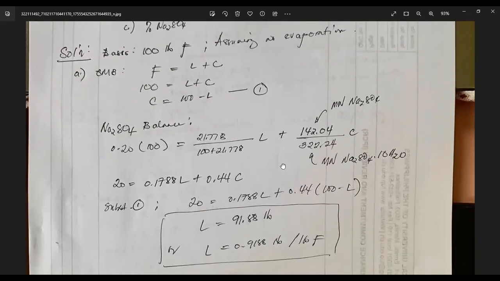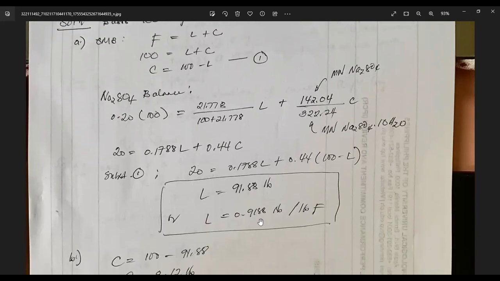So in that case, you now have an equation which relates also L and C. So if you work out equation 1 together with this, you'll be able to find right away the liquor. So your answer here, actually, the 91.88 pounds is per 100 pounds of feed, which you use as the basis.